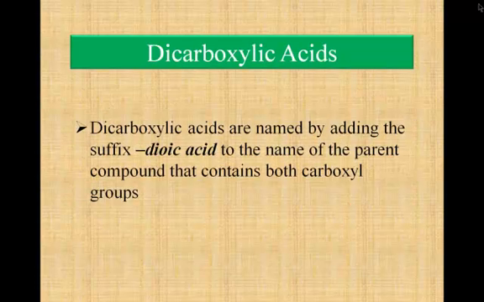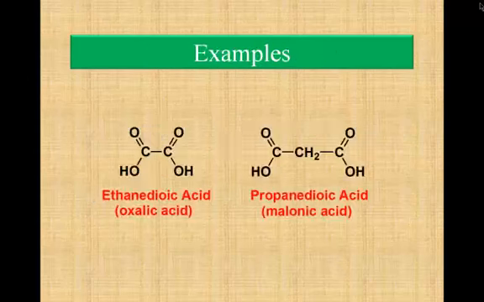Dicarboxylic acids we name by adding the suffix "dioic" and the word acid to the parent. So for instance, a 2-carbon dicarboxylic acid would be ethanedioic acid. The more common name or trivial name is oxalic acid. A 3-carbon dicarboxylic acid would be propanedioic acid, and the more common name for that is malonic acid.